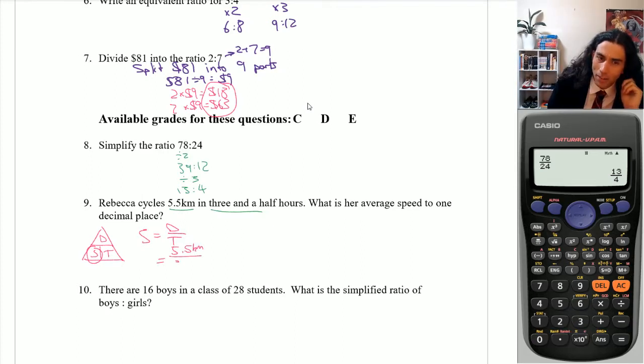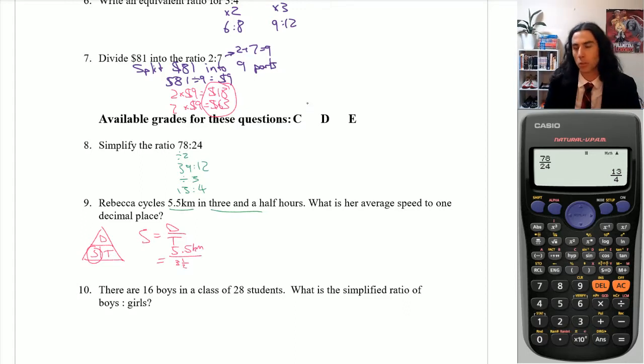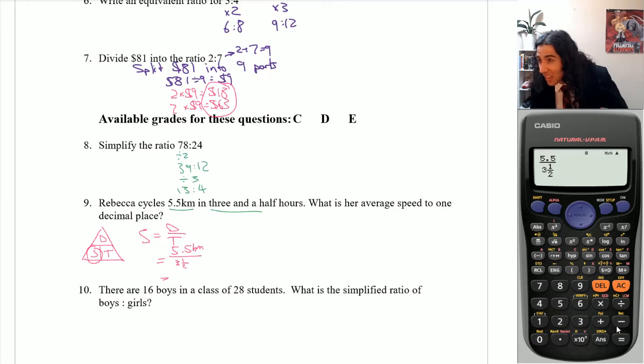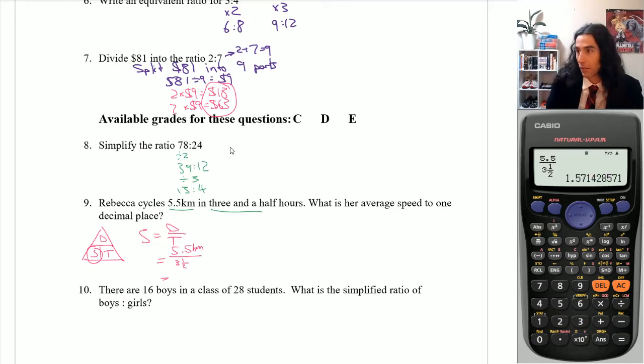Can write that as 3.5. 3.5 will do too. Calculator will handle it. So 5.5 over, and then you do shift fraction button, 3.5. It's going to be an ugly answer. It's going to be like 1.571, 1.4, oh, I said 1.4, 1.5.